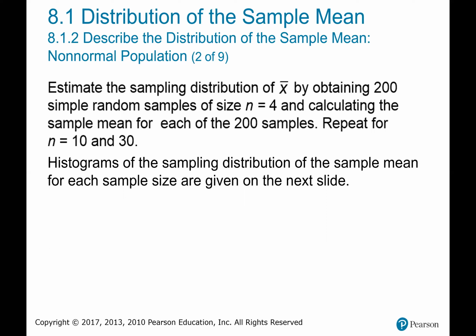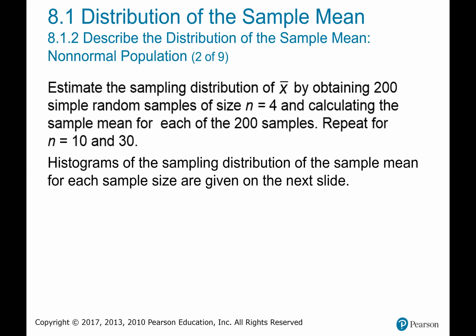What we are doing is increasing the sample size. So first we do this process when n equal 4, then we do this process for n equal 10, and then we do this process for n equal to 30.